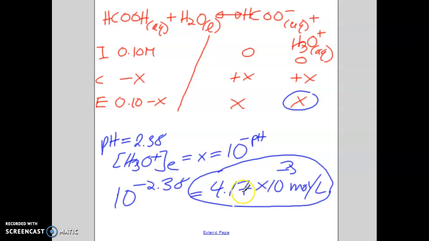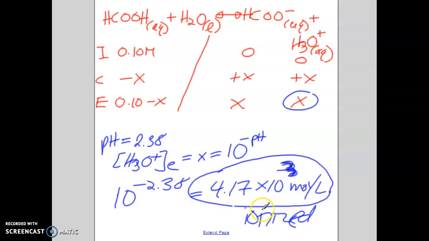My 3 looks a little wonky, but you know that's a 3. This is the concentration of how much actually ionized from our original acid, like how much became product. This is how much product we have made.